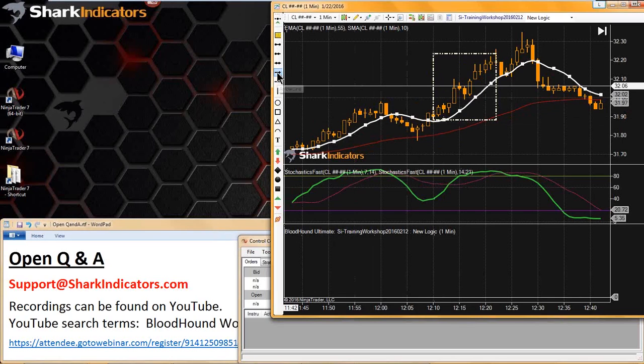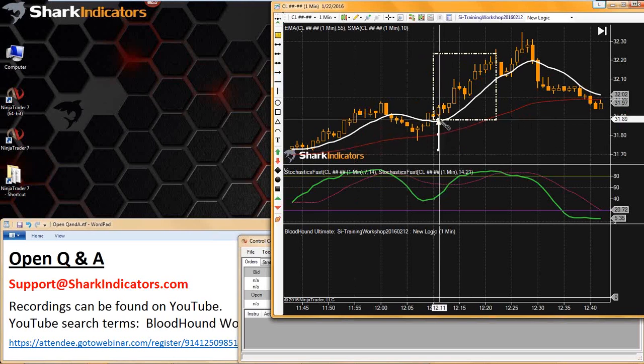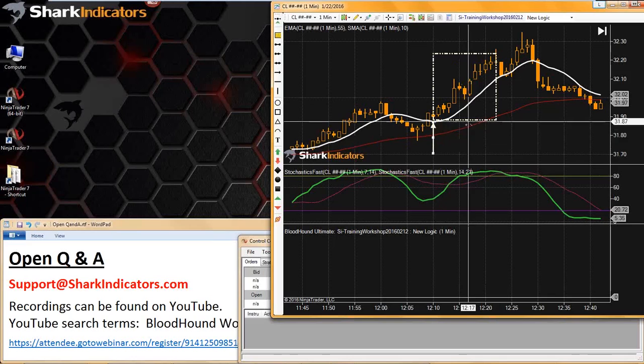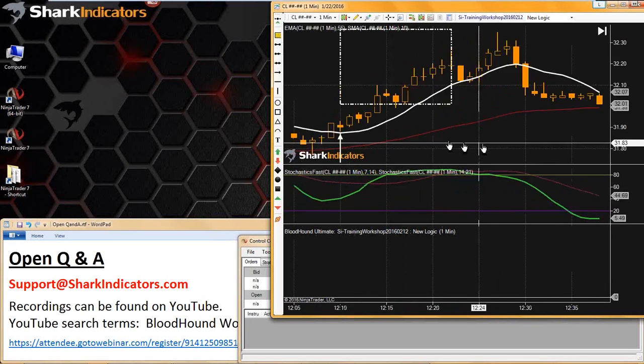Or we could build an exit signal that only fires off on the first bar, right? So we only get one exit signal when the bar is completely above. Here, let's zoom in so we can see this.